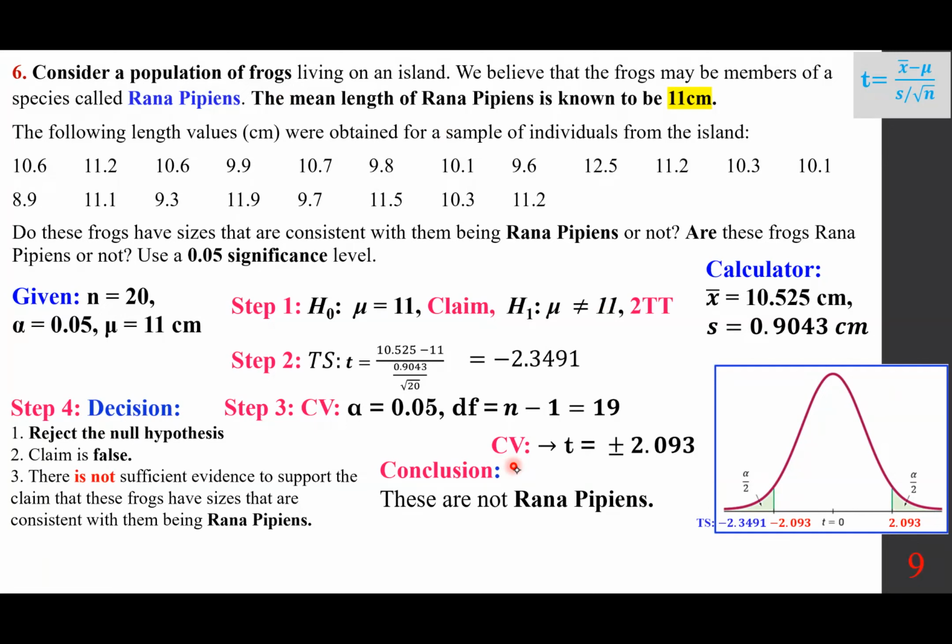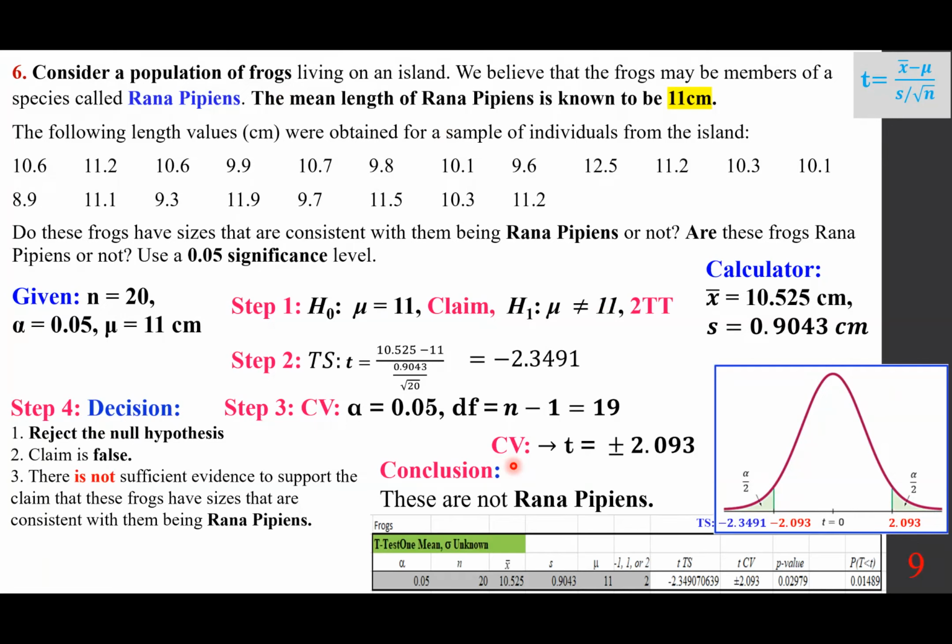Now, if you run the technology, in this case this is an Excel file, notice we have a couple of values here. The test statistic is negative 2.349. The critical value is plus or minus 2.093.